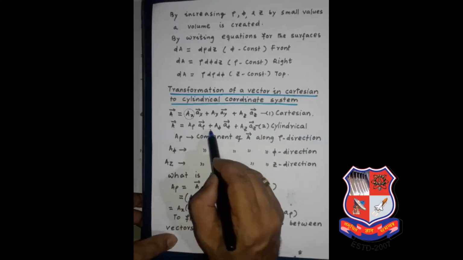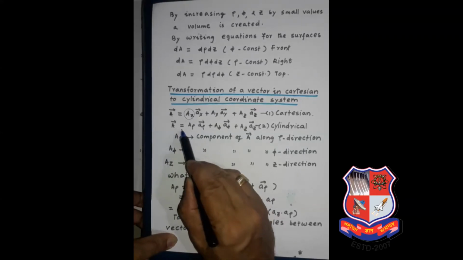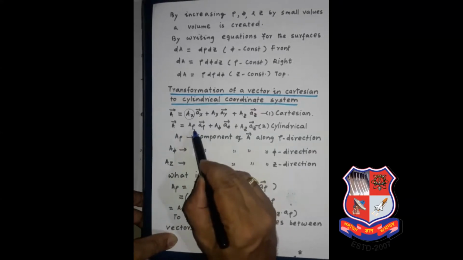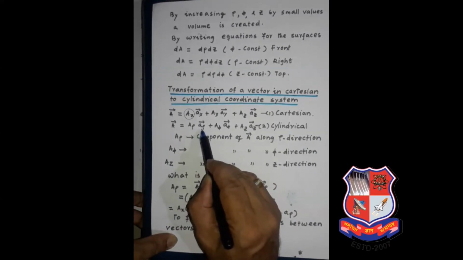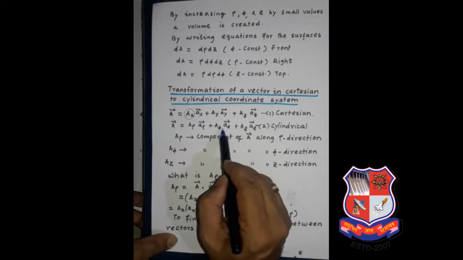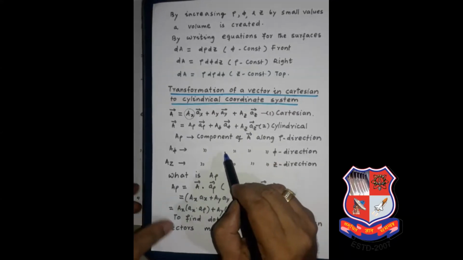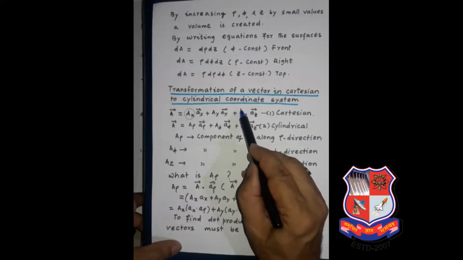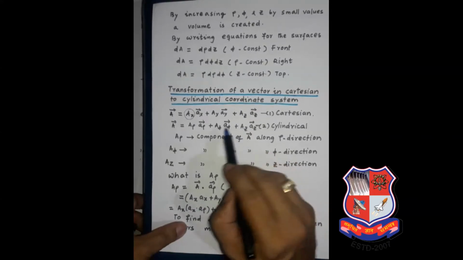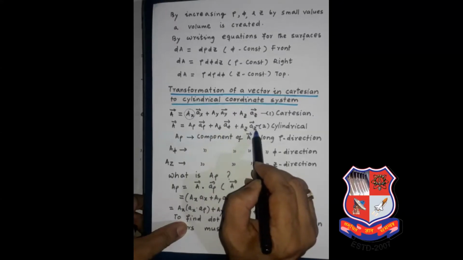every vector has 3 components. So I can write like this: if the vector is converted into cylindrical, it will have 3 components: A rho along the a rho direction, A phi along the a phi direction, plus Az along the az direction. So to transform a vector from Cartesian to cylindrical, we have to find out A rho, A phi and Az, because we know that a rho, a phi are only the directions.